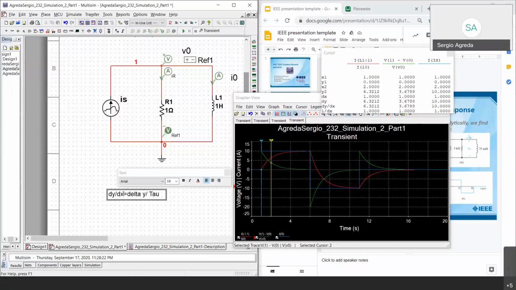And what you could do to find tau is manipulate it and set up that tau is equal to delta y over dy/dx.